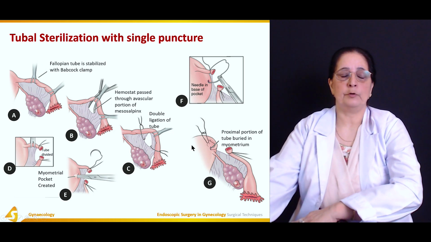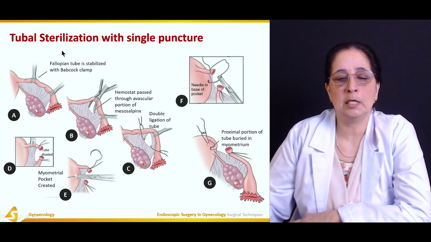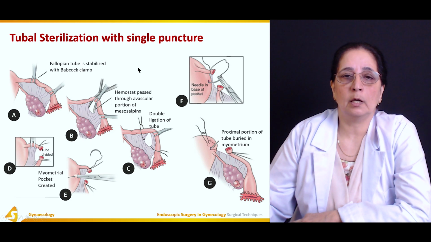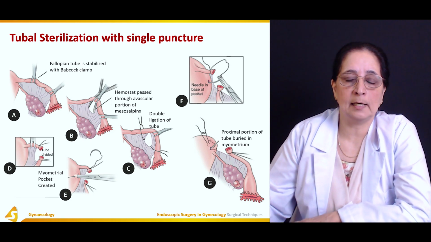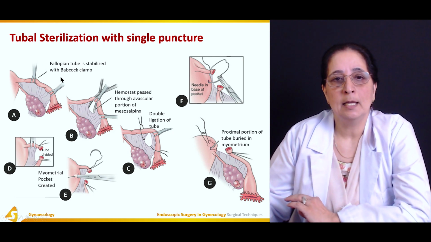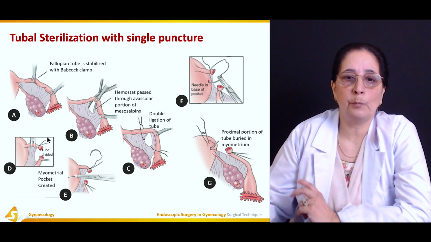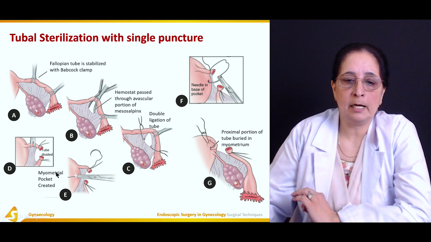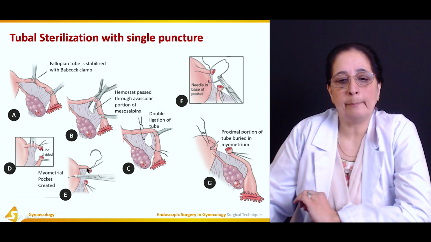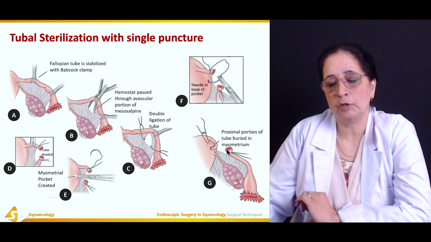A very, very simple procedure done by laparoscopy. So tubal sterilization is performed to achieve permanent sterilization, in which fallopian tubes are tied and then cut in between the two ties, and then a myometrial pocket is created, and the proximal end of the fallopian tube is embedded and stitched in the myometrial pocket.